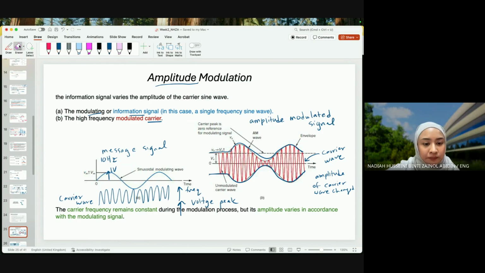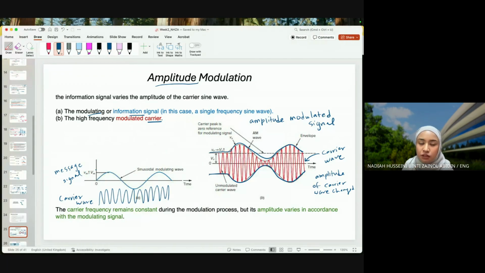When we combine the message signal and the carrier wave, this is my carrier wave and this is my message signal. What happens is something that looks like this. The frequency is not changed, but the amplitude is changed. The amplitude of the carrier has changed according to the message. So this is called the AM wave or amplitude modulated wave.